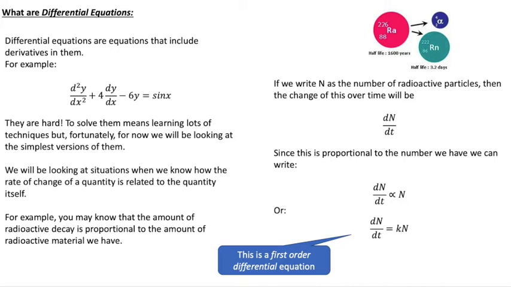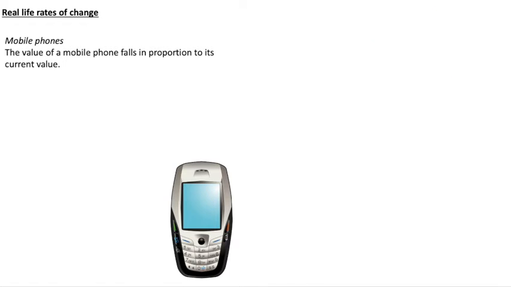We'll have a look at a couple more examples. So real life. When I say real life, it's modelling real life. Or rather, real life is represented by a model, but nonetheless these are roughly like what happens. So for mobile phones, the value of a mobile phone falls in proportion to its current value.